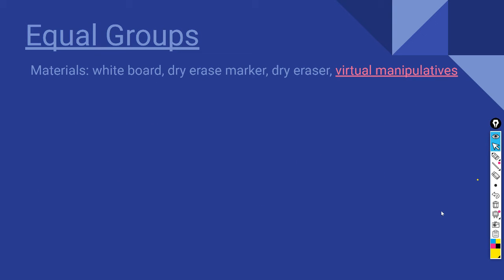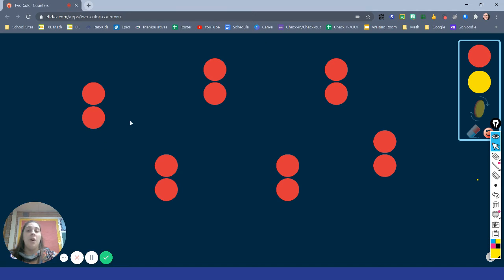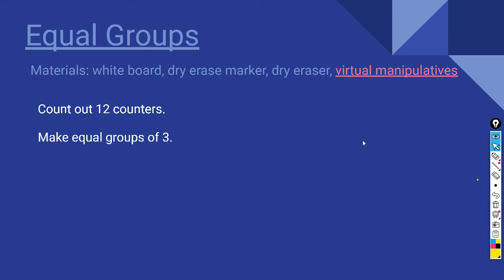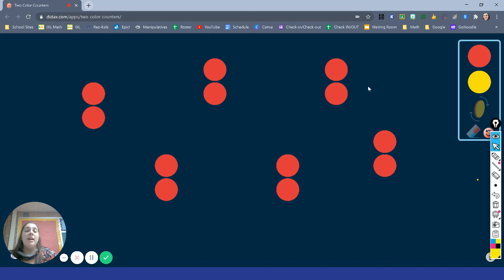Okay, so we're going to go back to our whiteboards. And first, we're going to count out 12 counters. So back on your virtual manipulative, we already have 12 counters out. So you shouldn't have to bring out any more. Make equal groups of 3. Okay, so right now I have equal groups of 2. I need equal groups of 3.